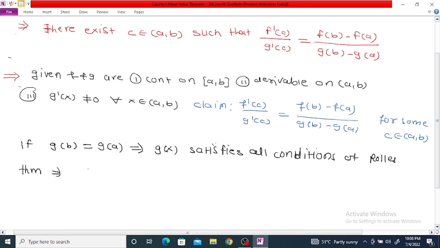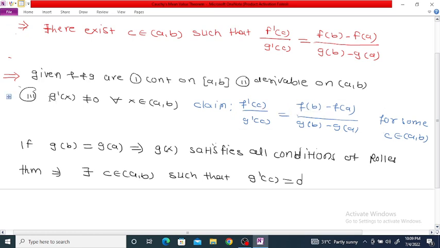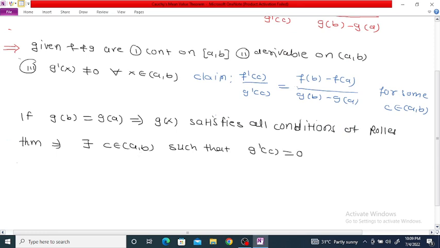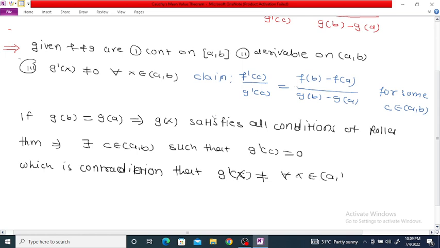And this implies there exists a c belonging to the open interval (a, b) such that g'(c) is equal to 0. But this is a contradiction to what is given, that g'(x) is not equal to 0 for every x belonging to (a, b).